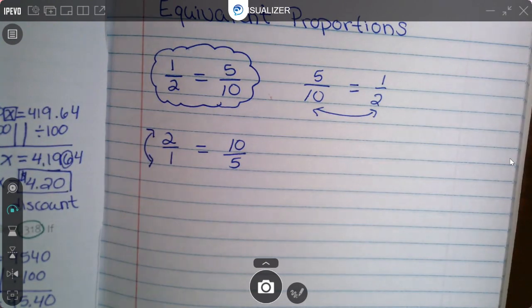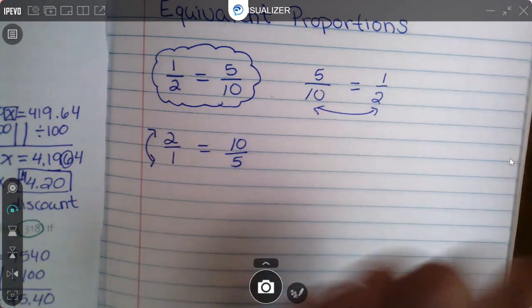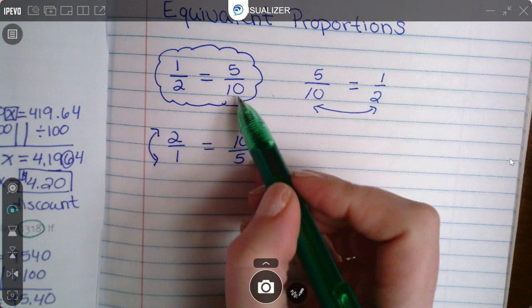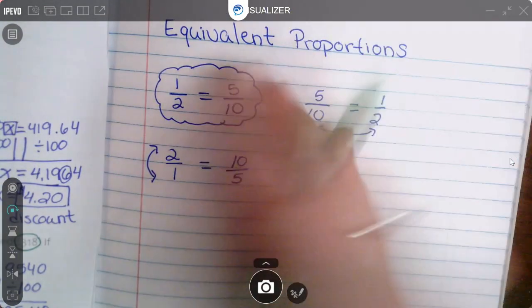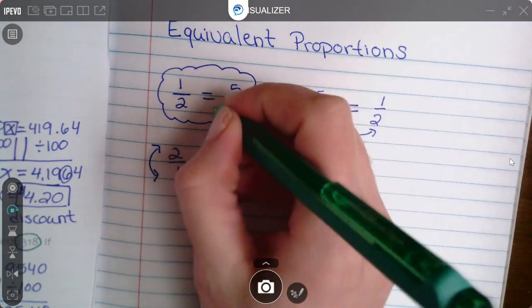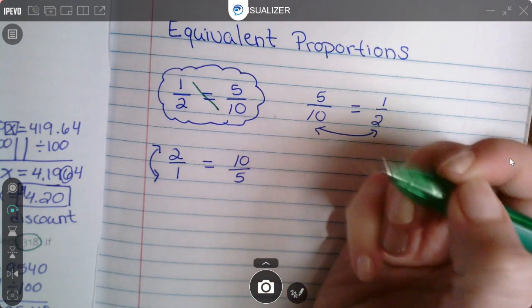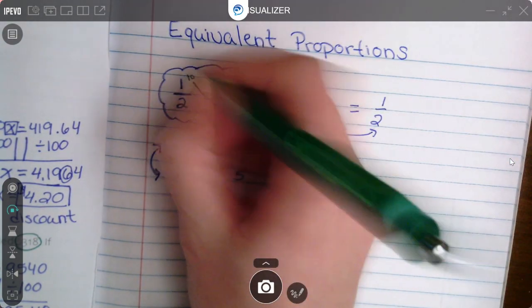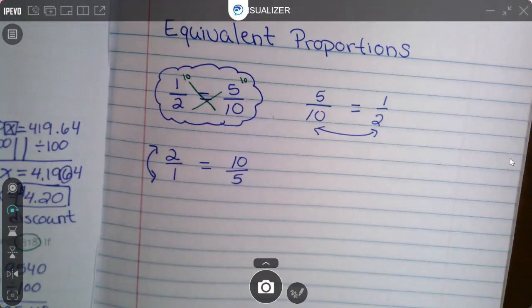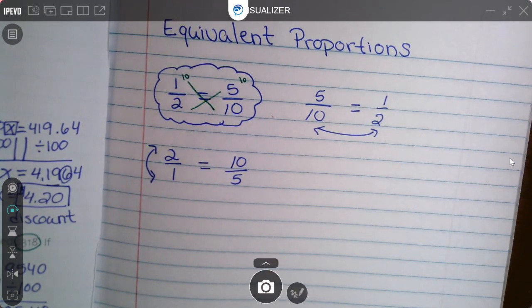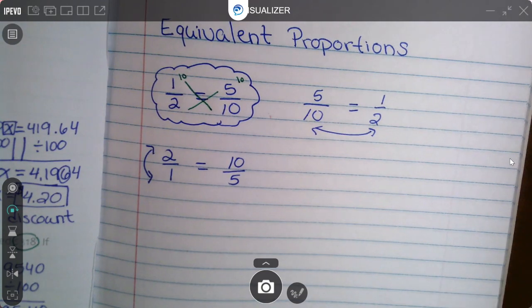If you don't get the same number when you cross multiply, that's not a true proportion. So I'm going to cross multiply 10 times 1. Well, of course, I'm just looking at my original proportion. If I cross multiply 10 times 1, of course, that would give me 10, and 2 times 5 would give me 10. Okay, so that makes sense. We know that proportion is a true proportion.